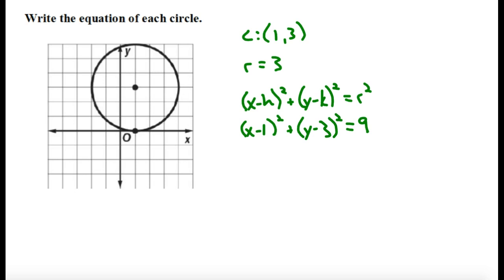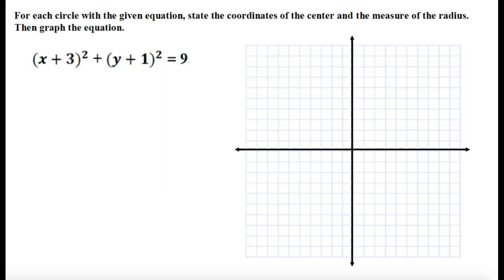All right. So now let's take a look at going backwards. Let's say, given the equation, let's graph, right? So we always need those same two pieces of information. We need the center and the radius. So from the equation now, let's pull out the center and the radius.